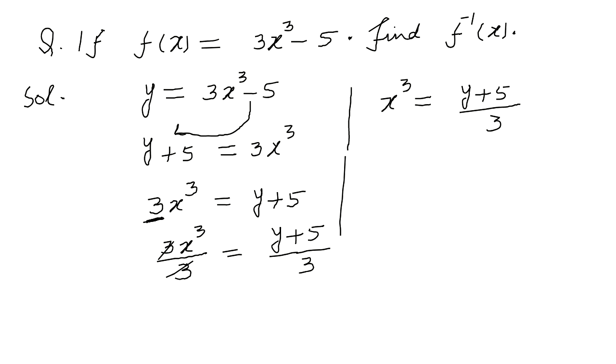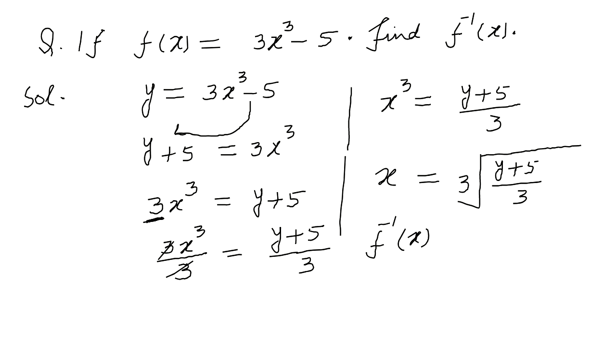Here we have x cubed, so to remove the cube, take the cube root. So x equals the cube root of (y plus 5) divided by 3. And finally this y changes to x: f inverse x equals the cube root of (x plus 5) divided by 3. Do you understand this?